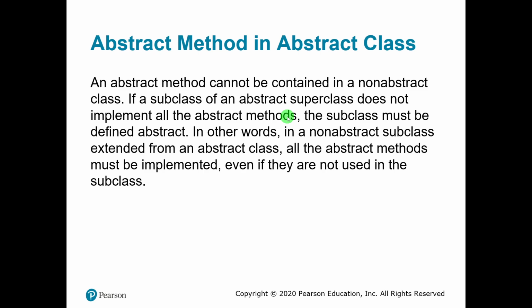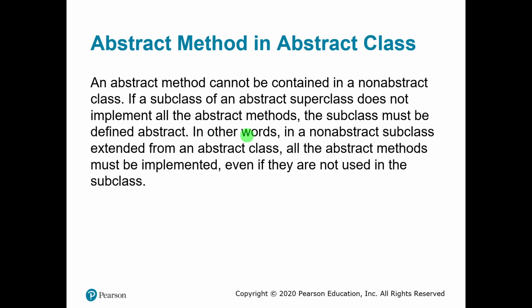And we saw that when I tried to get rid of the getArea in my circle class. I either have to implement it or that subclass also has to be defined as abstract. So if I would have made my circle class abstract, I wouldn't have had to define getArea. But then I couldn't make a circle.